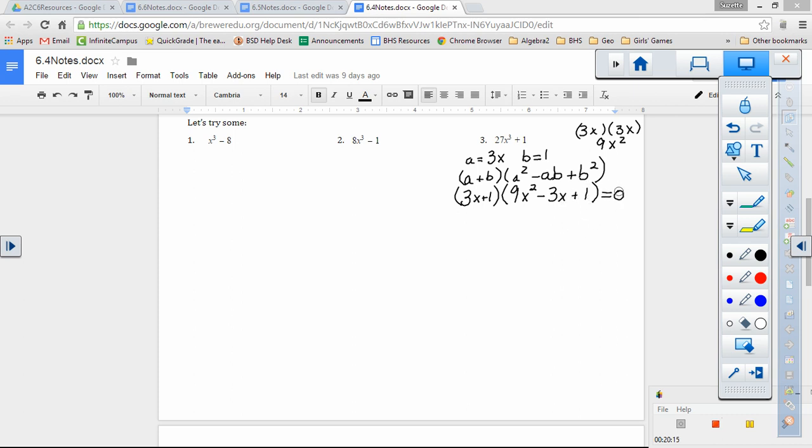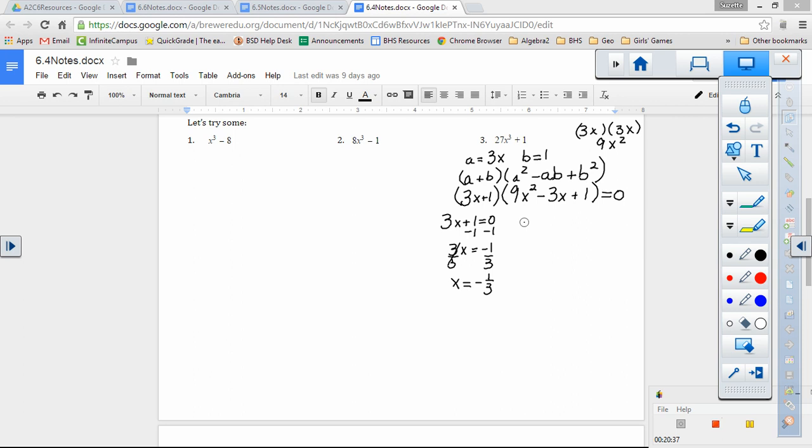Again, we're solving, so we need to set that binomial equal to 0 and solve. 3x equals -1, and then divide both sides by 3. x equals -1/3. That's one root, and I'm going to use my quadratic formula over here for this root.